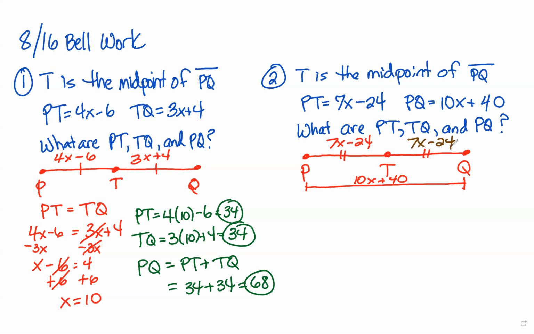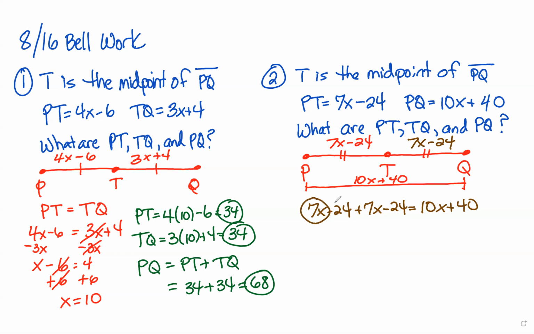So that means T to Q is also 7x minus 24. I'm going to use the segment addition postulate here. So that means 7x minus 24 plus 7x minus 24 equals the whole thing, 10x plus 40.